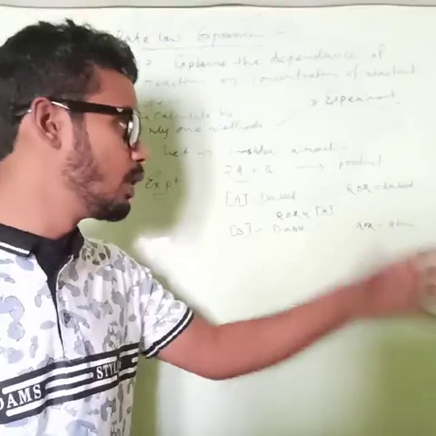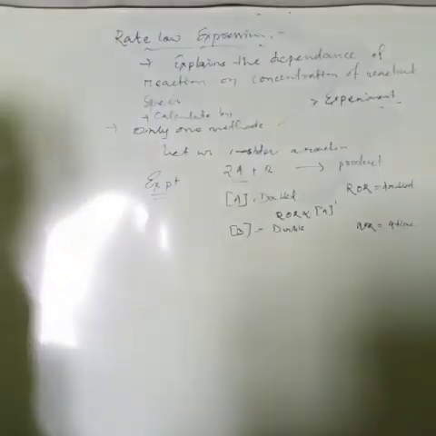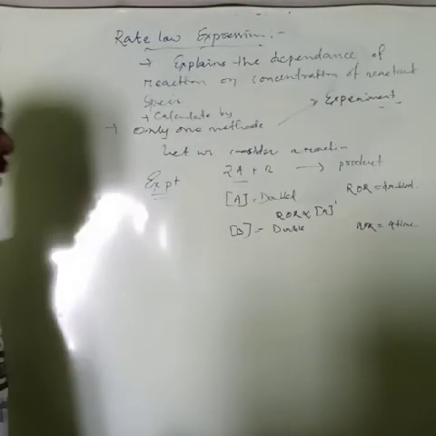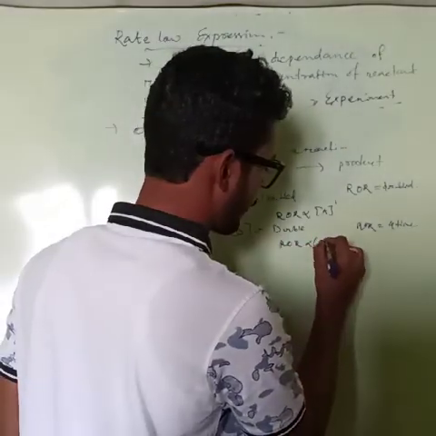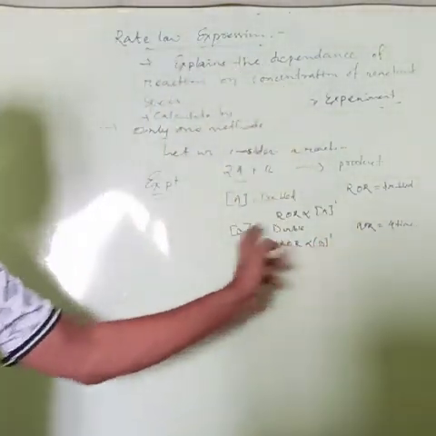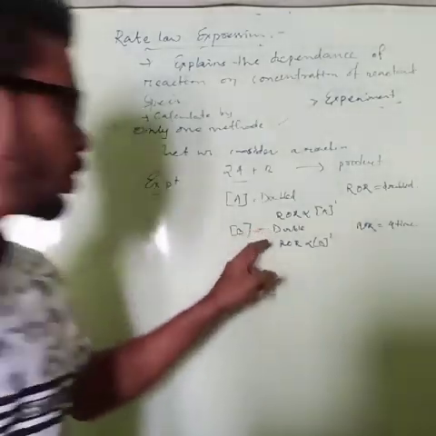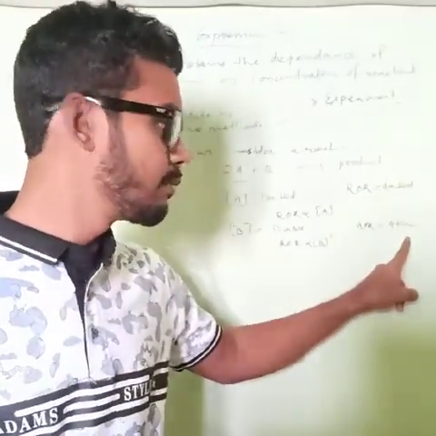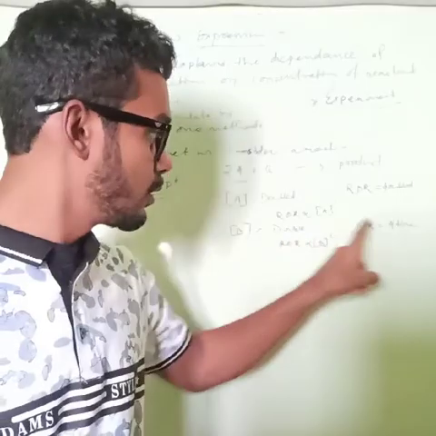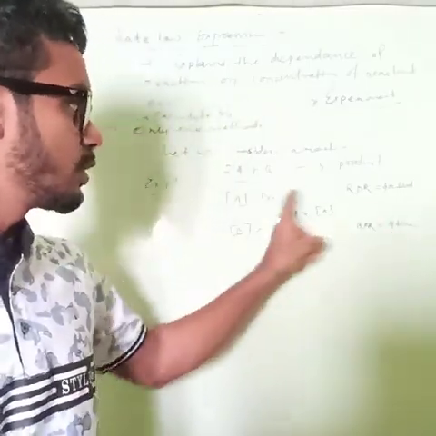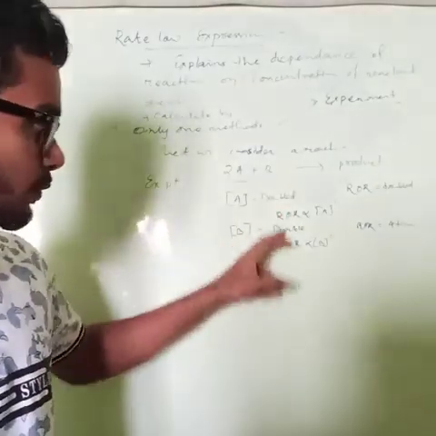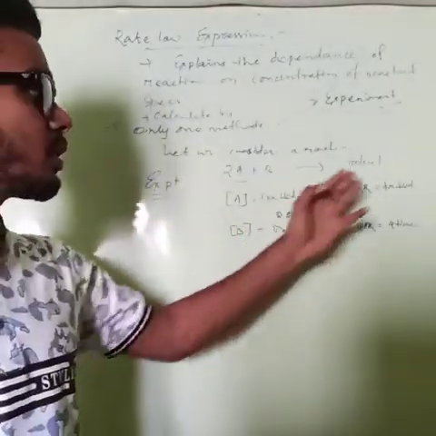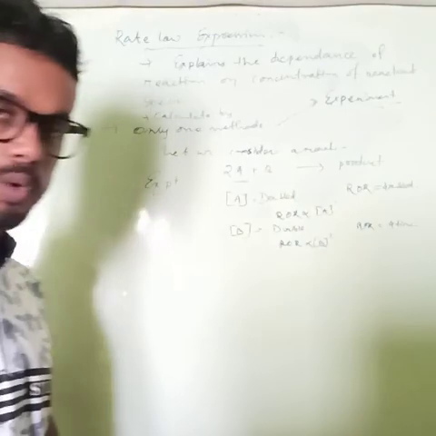I am just assuming that when it is doubled, it becomes 4 times. That means ROR is here square, to the power 2. You are doubling it and getting 4 times. See, just the square of this. Clear? Once you change the concentration, you are getting something else, the ROR.